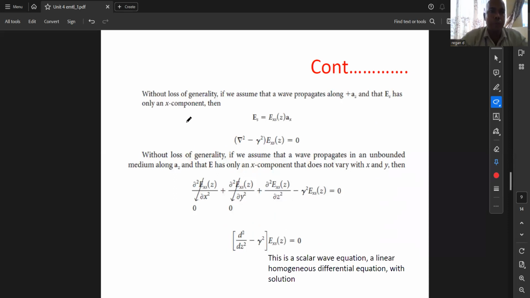See here, without loss of generality, we assume that a wave propagates along the positive z direction, and that the electric field has only an x component.